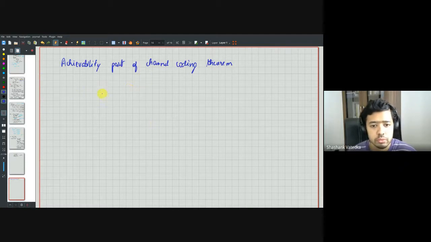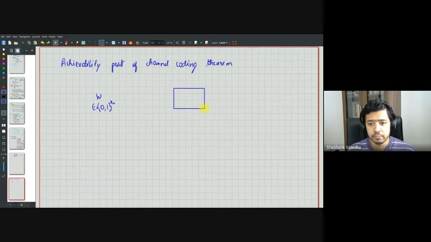Once again, recall the problem is the following: we have a message, let us call it W. W is a sequence of kn bits. We want to send kn information bits through a particular channel. The channel is a discrete memoryless channel, specified by the conditional probabilities p(y given x).